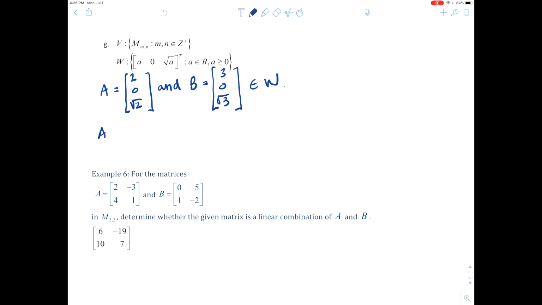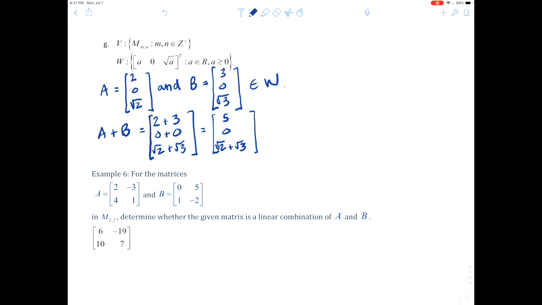Now let's look at A plus B. So that would end up being 2 plus 3, 0 plus 0, and then root 2 plus root 3, which is equal to 5, 0, root 2 plus root 3.